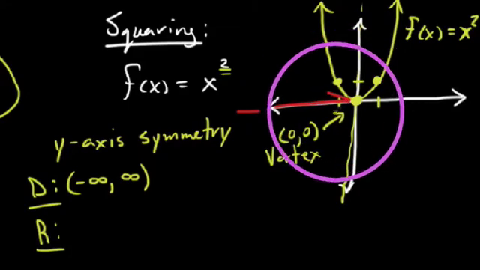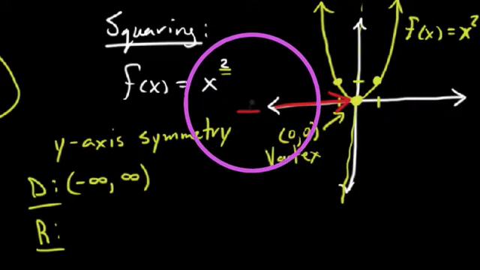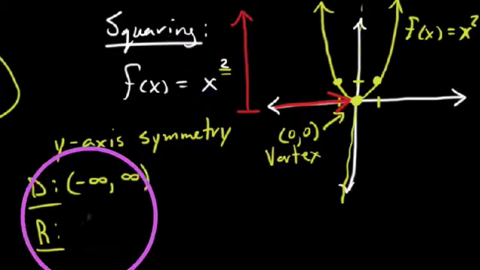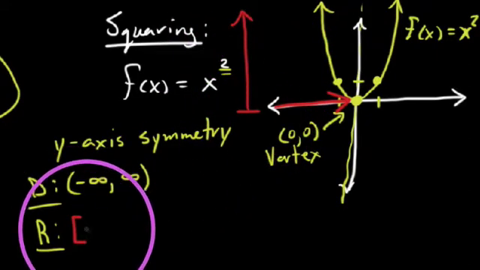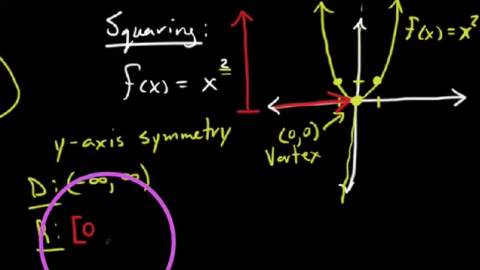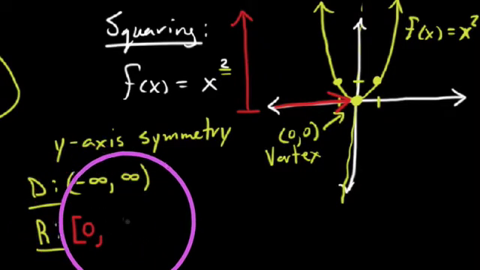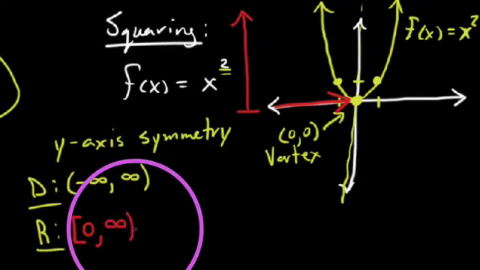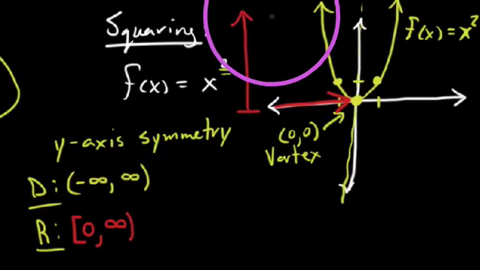I'll try to highlight that. It starts at a height of 0, including 0, and proceeds on up forever and ever. So since it starts at 0 and includes 0, we use this bracket here. It starts at a y value of 0 as a minimum, and then it heads all the way up to positive infinity. It never stops proceeding upward.